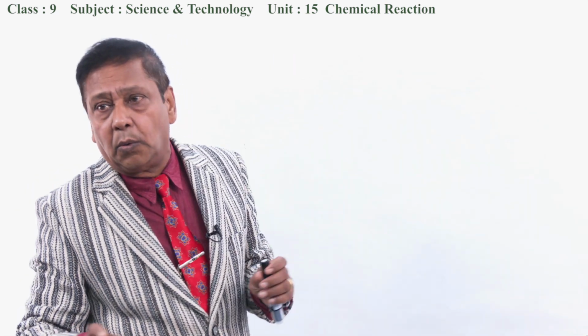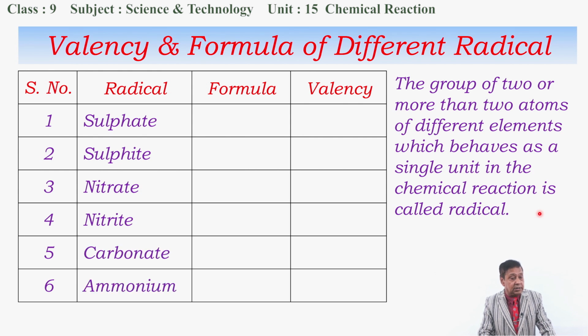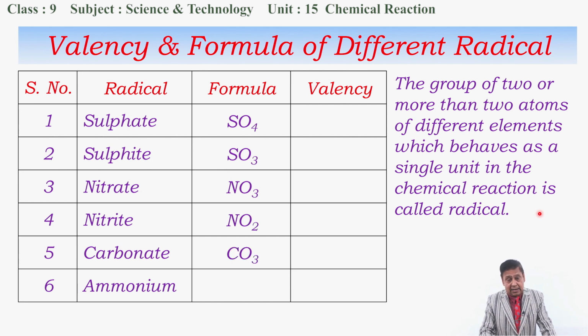Now let's go forward. I want to show you some radicals: sulfate, sulfite, nitrate, nitrite, carbonate, ammonium. Their formulas are SO4, SO3, NO3, NO2, CO3, and NH4, and their valencies are 2, 2, 1, 1, 2 and 1.